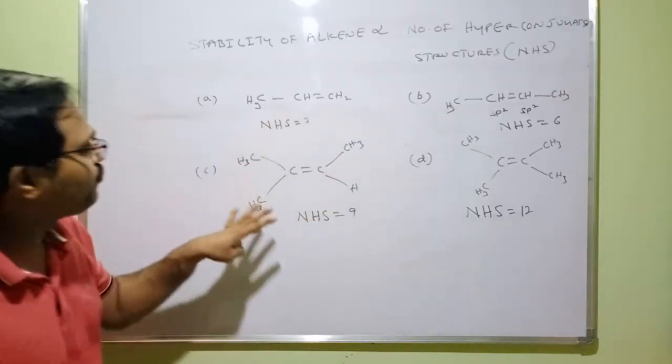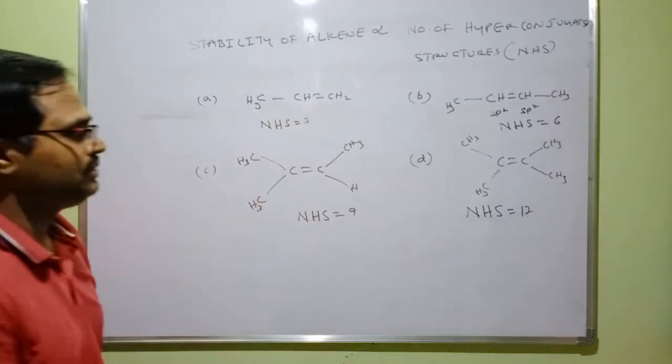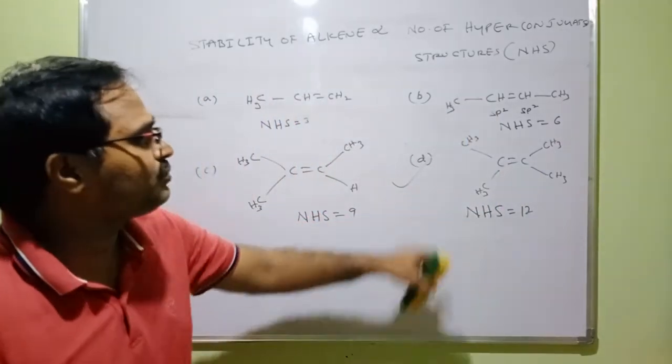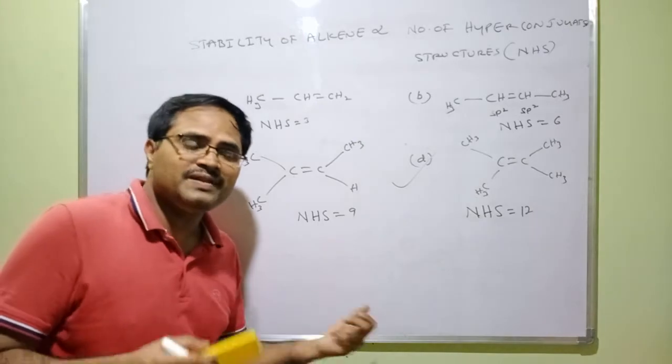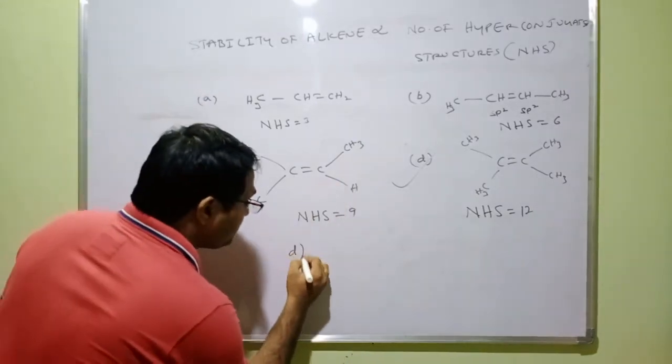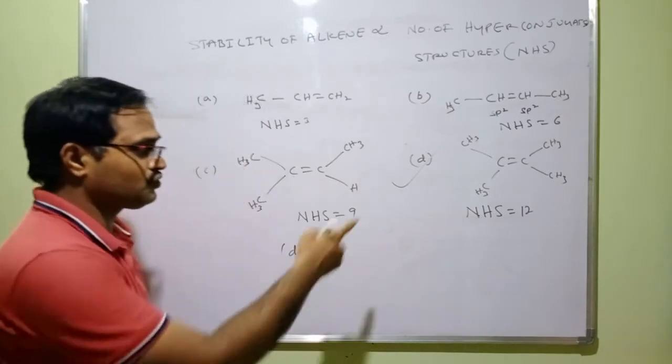Among these 4 options, which is more stable? Option D is more stable. If you arrange them in increasing order of stability, D will come last because D has more hyperconjugate structures, 12.